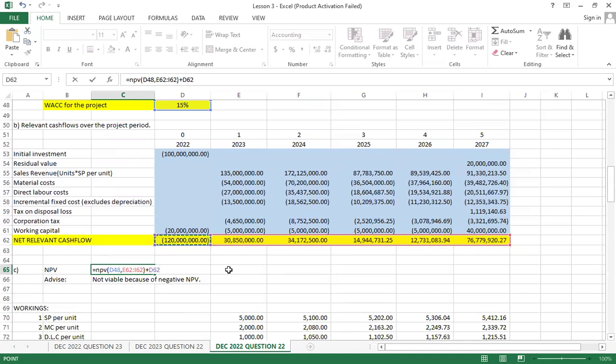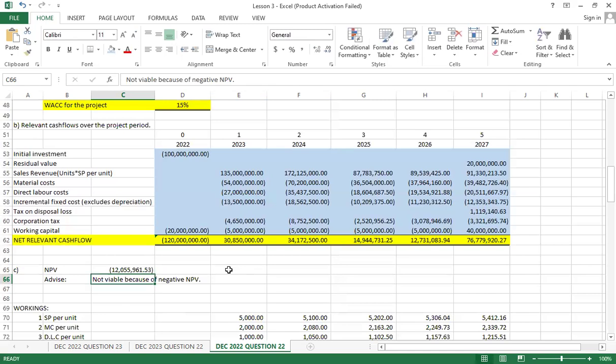Is that the same thing you've done? Yeah, I've gotten it. I had put the bracket after the rate. Anything else will not give you the right figure. Yes, thank you. All right.